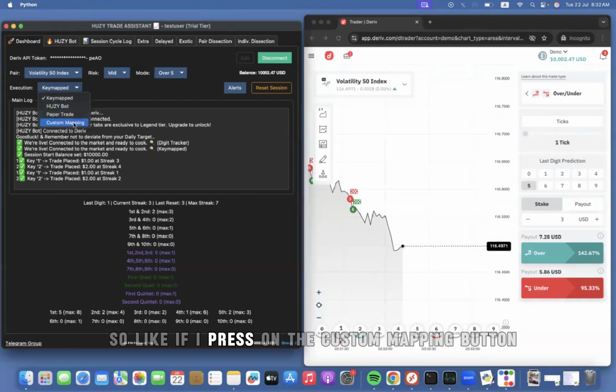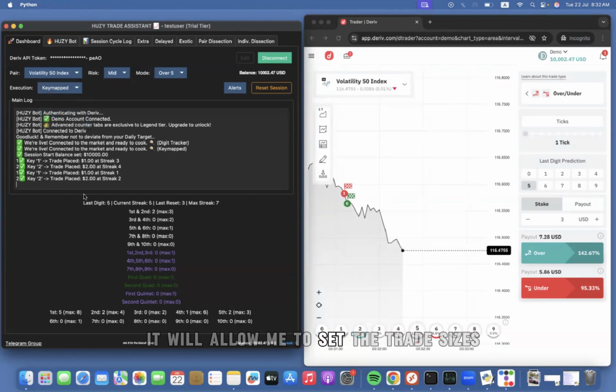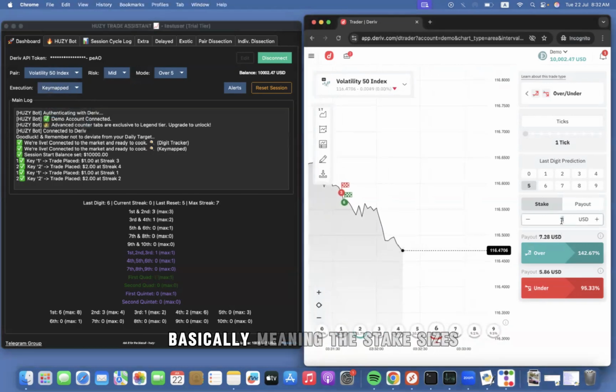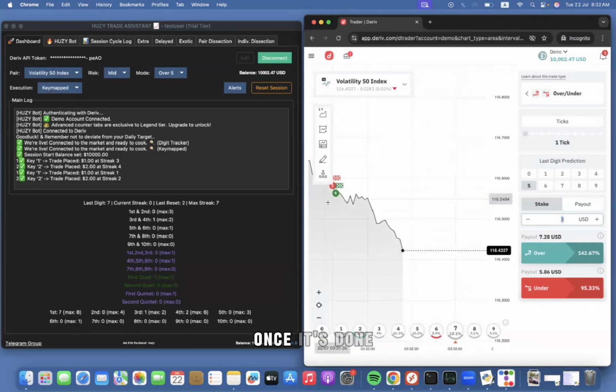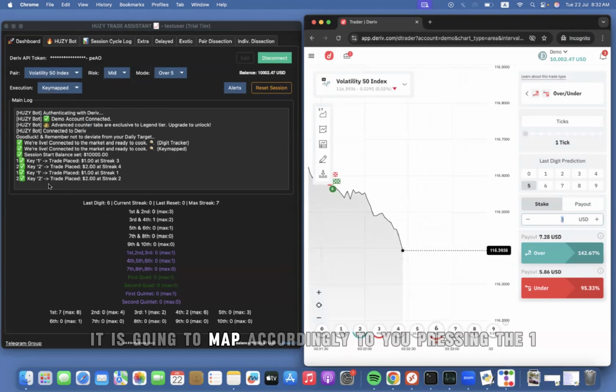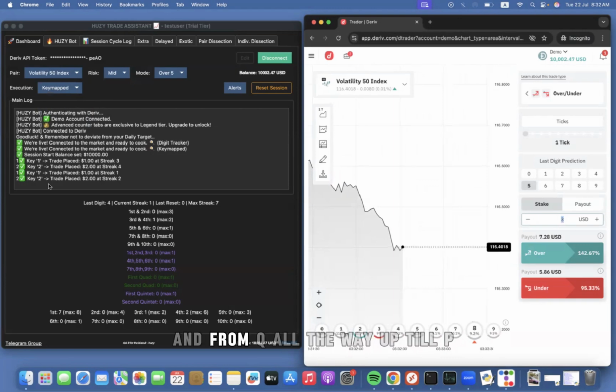If I press the custom mapping button, it allows me to set the trade sizes, basically the stake sizes, and I just enter them separated by a comma. Once it's done, it is going to map accordingly to you pressing the 1, 2, 3 all the way up to the 0 key, and from Q all the way up to P.